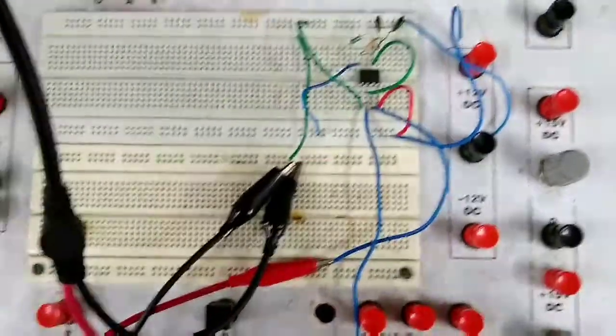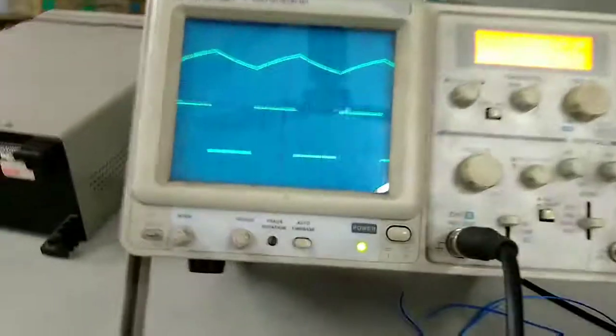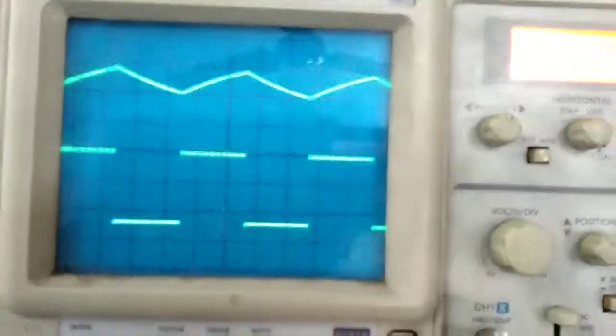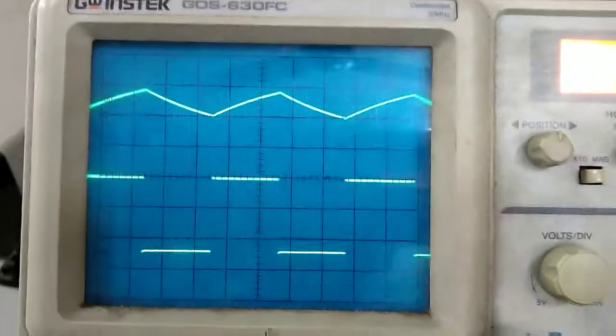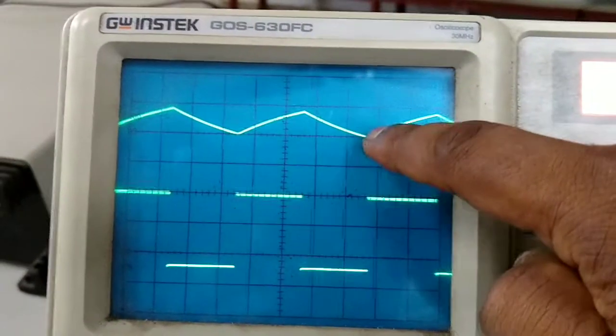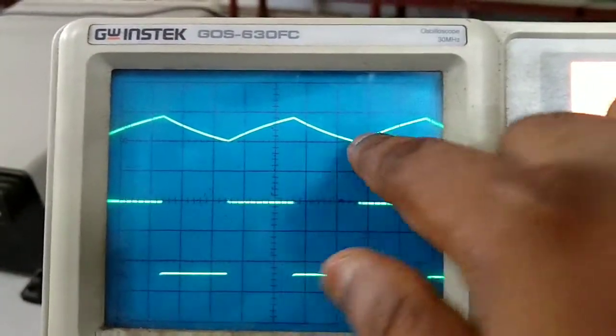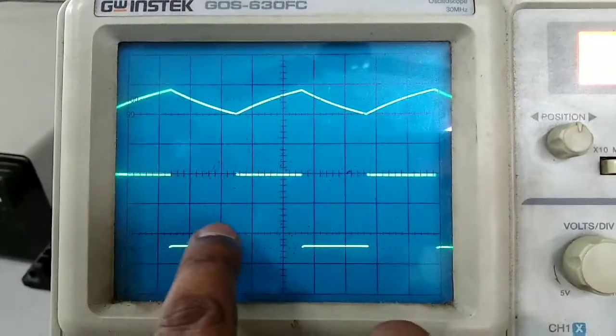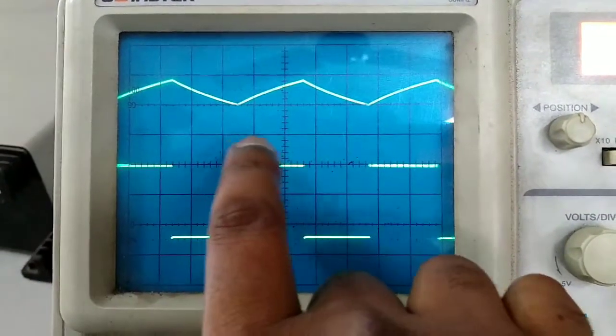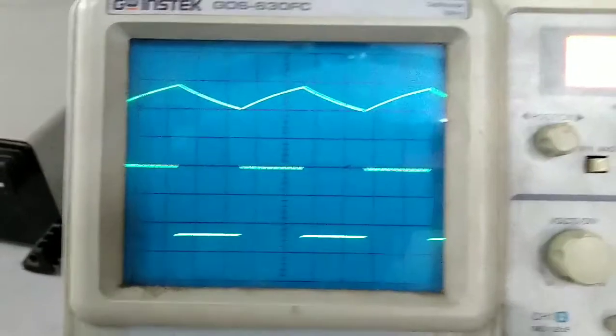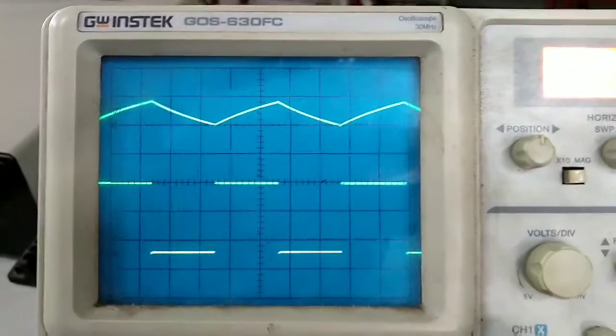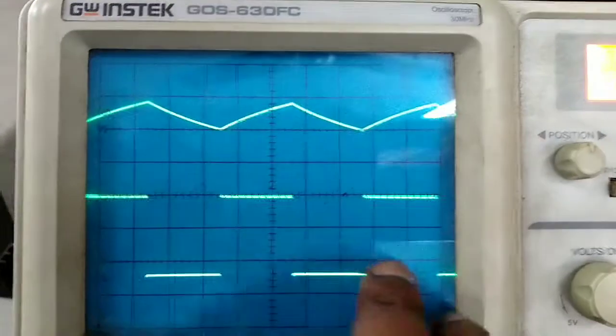See, the CRO has been connected, and check in the CRO. See, this is the charging and discharging of the capacitor, and this is the final output rectangular wave. This is a perfect rectangular output.